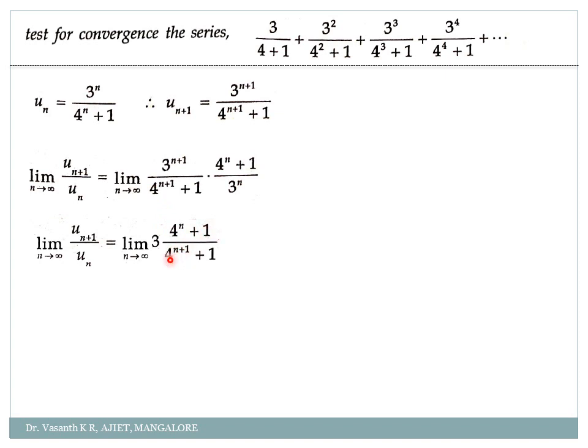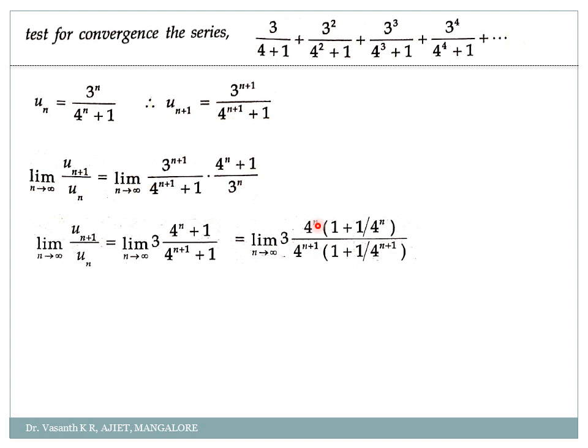But denominator what to do? This is important. Check properly. Yes. So numerator I have taken 4 power n outside, and denominator I have taken 4 power n plus 1 outside. So I will get 1 plus 1 by 4 power n, 1 plus 1 by 4 to the power n plus 1. Correct? Now if you apply the limits, what is 1 by infinity? 0. What is 1 by infinity? 0.